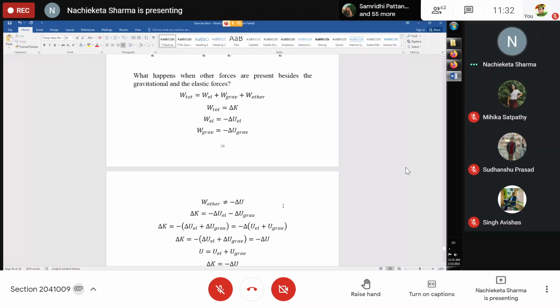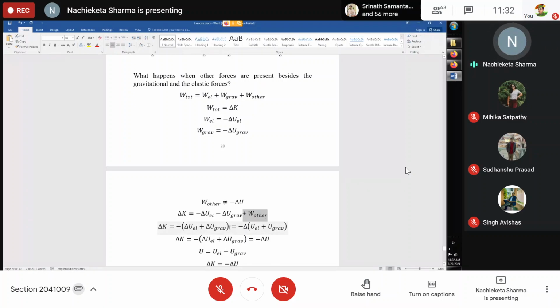So now your delta K, you have to keep this W other as it is. Okay, so I am going to keep it as it is. So W other will be like this, isn't it? And so everywhere delta K and then this W other will be there. So you have to add this W other to your equations.